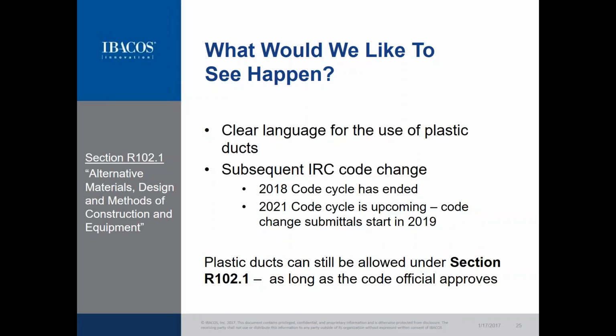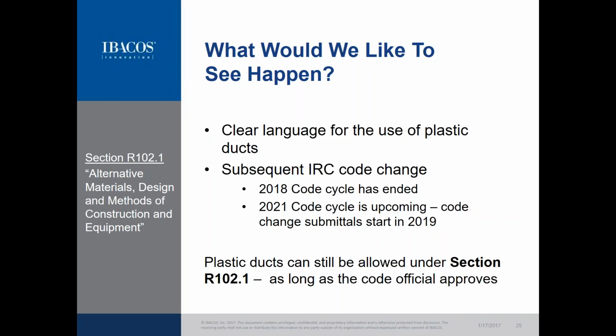One avenue, of course, would be to propose a code change and get the code revised to clarify the requirements and the language around the use of plastic materials and plastic ducts. Where we are right now, in the current code cycle, the 2018 code, we're past the opportunity to do that. So for a code change to occur, we would need to look ahead to the 2021 code development cycle, which really doesn't kick off for another couple of years.